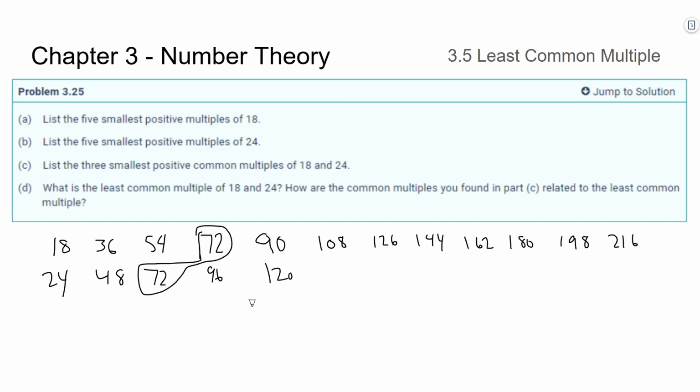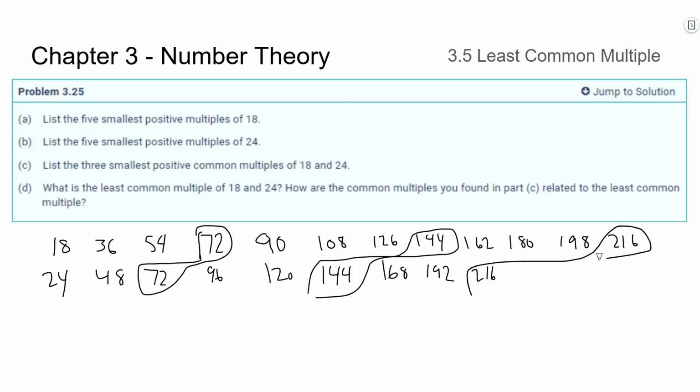And for 24, after 120, we have 144. Ding, ding, ding, we got another one. 168, 192, and 216, ding, ding, ding. So we'll stop there because we have 144 here and we have 216. So that's the first 3 common multiples of 18 and 24.